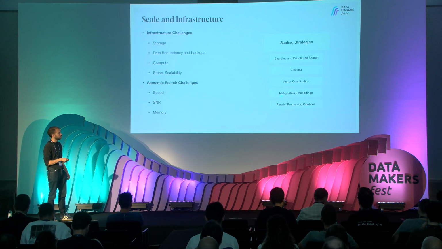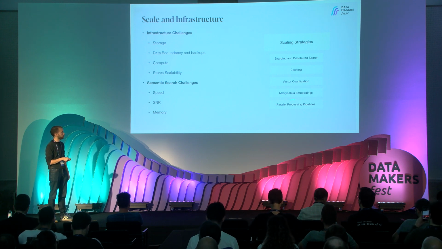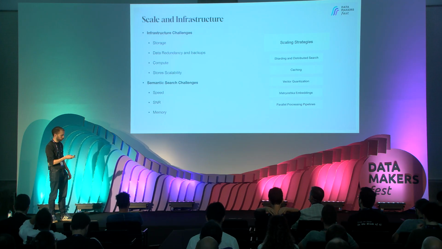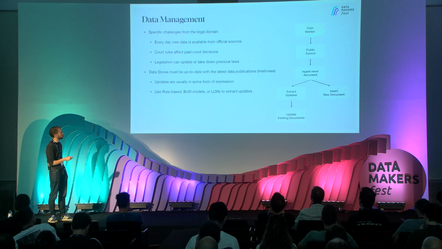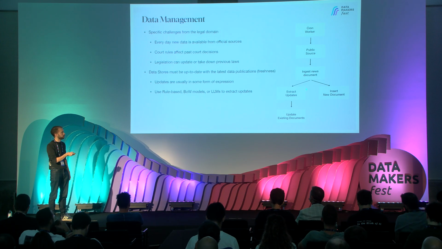Use Matryoshka embeddings. This is, I think, now the standard for the latest embeddings, for example, from OpenAI, and of course, parallelize everything. So for example, for the cron workers and stuff like this, all this compute, everything that's not dependent on previous steps in the pipeline, just parallelize everything.